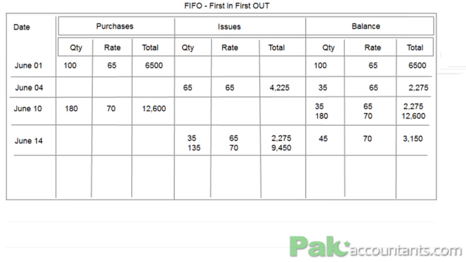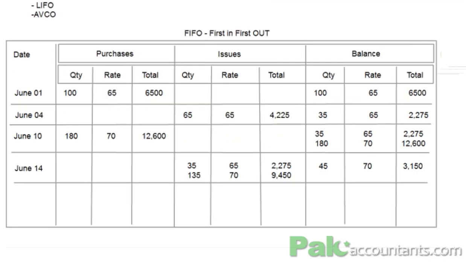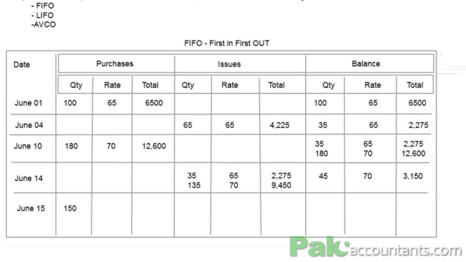Okay, another purchases were made by June 15 for 150 units at 75. Okay, now the total for this is 11,250.